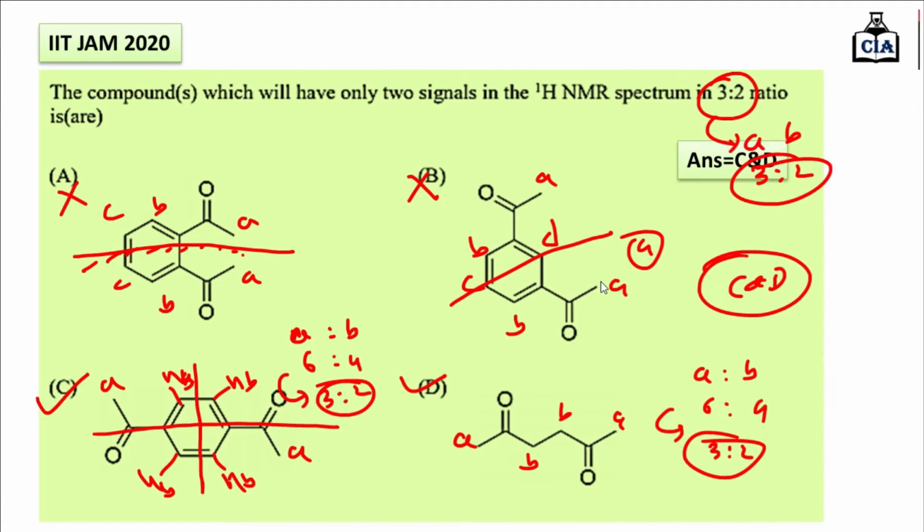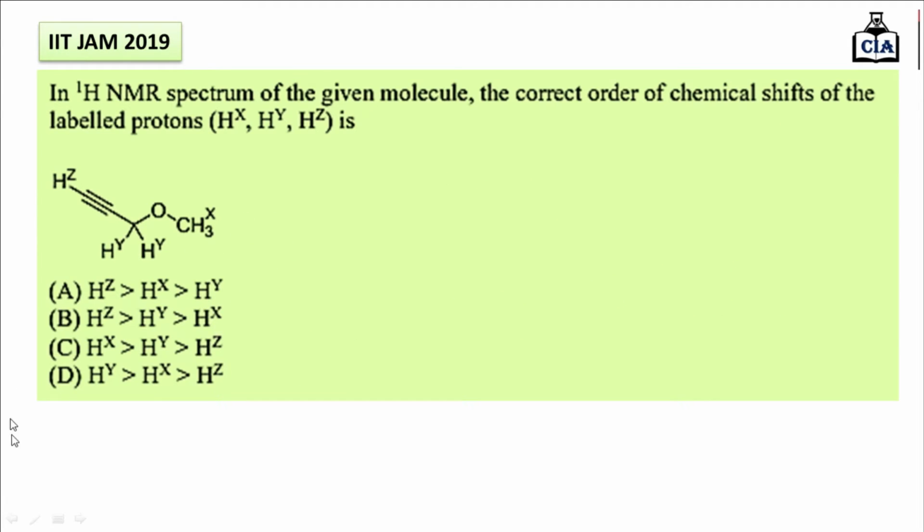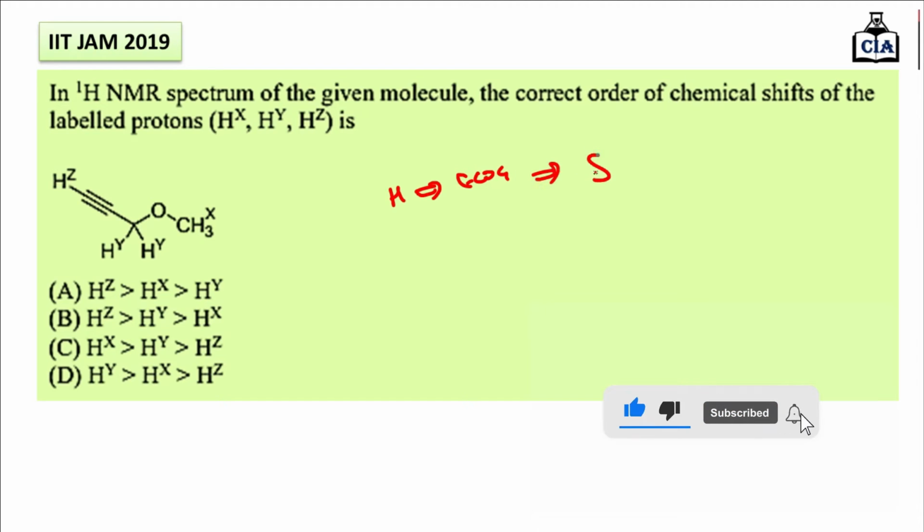Now the next question, this is a question from IIT JAM 2019. We just have to remember one point. If any proton is attached to an electron withdrawing group, then it will have the highest chemical shift value. Now if we look at the compound, the proton Hy is attached to an sp center here, and this is also an electronegative atom.